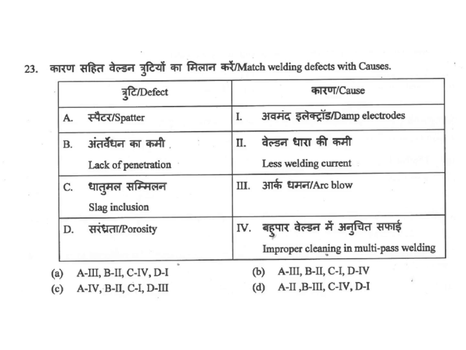So C with IV, D with 1. You can cut this one, then you can cut B also. Then spatter. Spatter is arc flow. A with 3, B with 2. Answer is A.